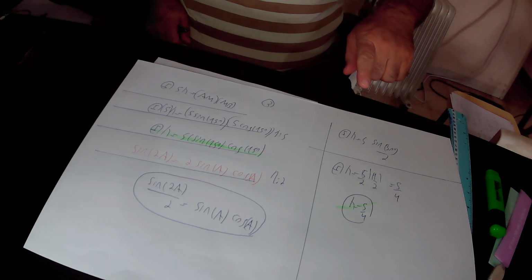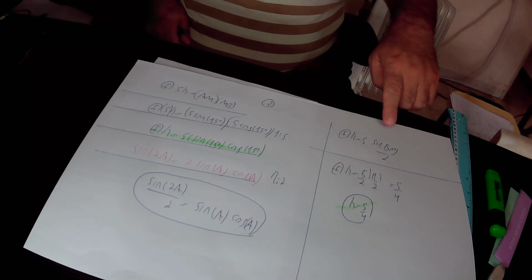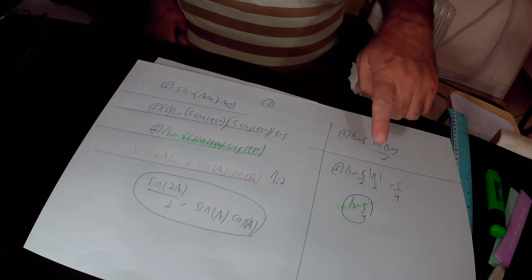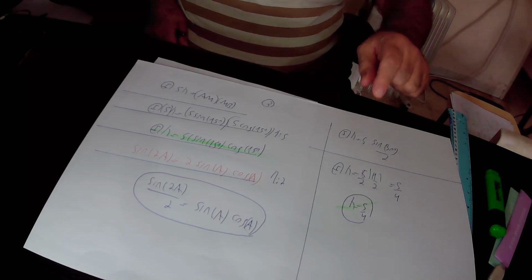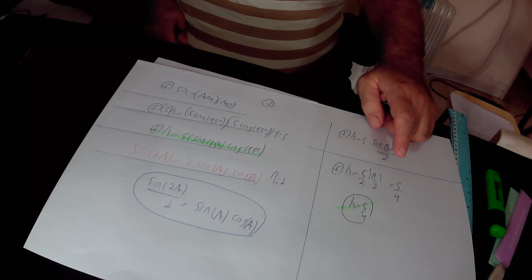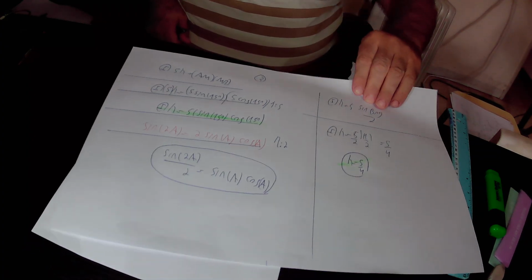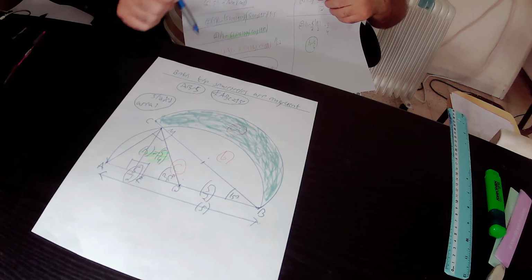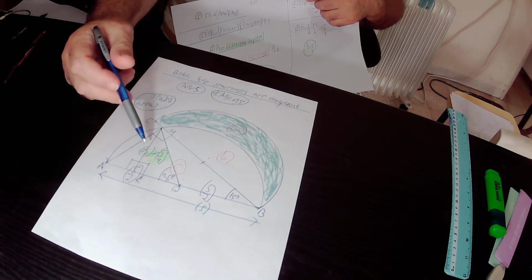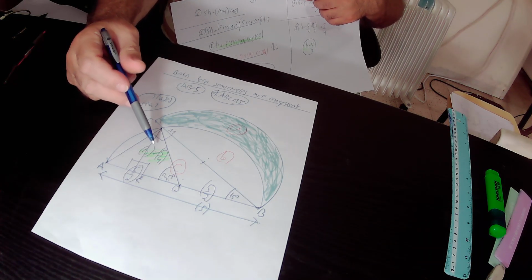Sine 30 degrees is 1/2, so H equals 5 over 2 times 2, that is 4. So H equals 5 quarters units in length.